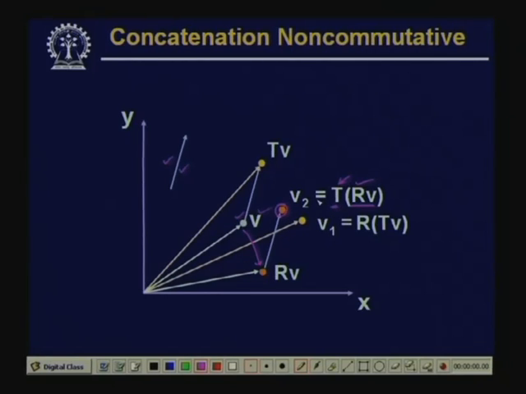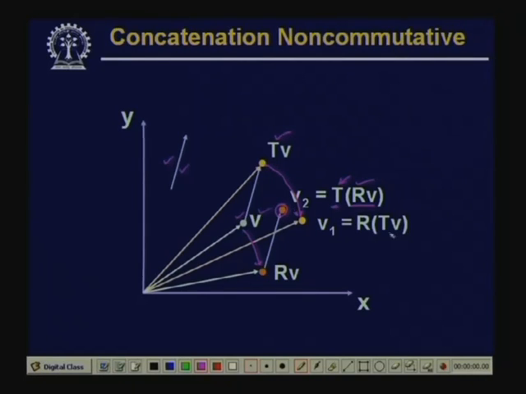Now, if I do it in reverse, that is, first I translate the point V using this transformation T, and after this translation I rotate this translated point, which is now TV, by the same angle theta.